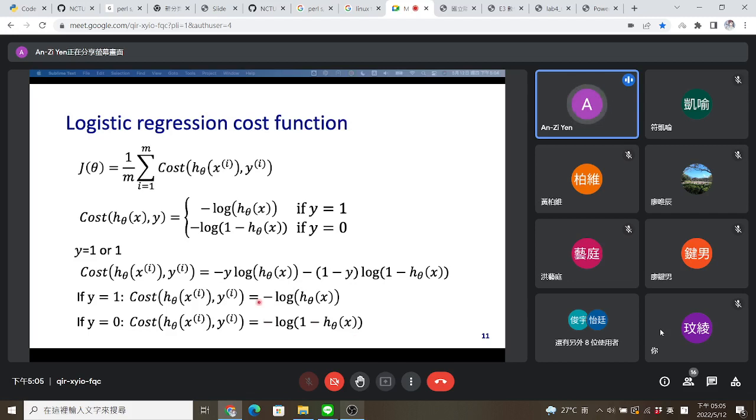Again, if our prediction is correct, the cost function will be 0. If the prediction and the ground truth are different, then the cost will approach infinity.